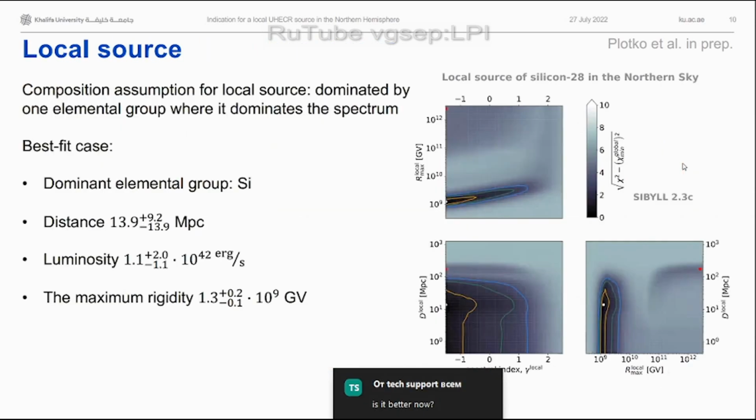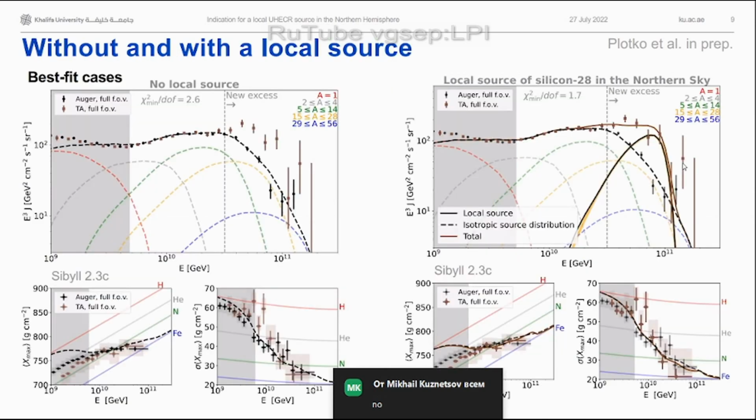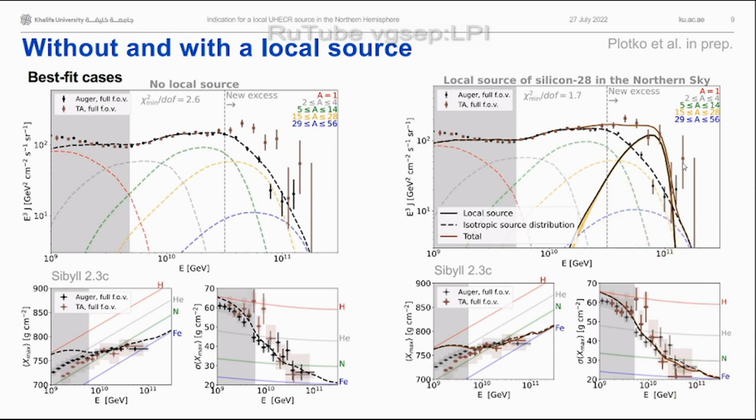So what we do for this local source is we assume that, at least in the range where it's dominant, where it's interesting, this local source produces one specific mass group. If you look at the energy range where this local source becomes dominant, this is in the energy range at the highest energies for the mass composition, so we don't have much mass composition data there. It's also only dominant in a relatively small energy range.